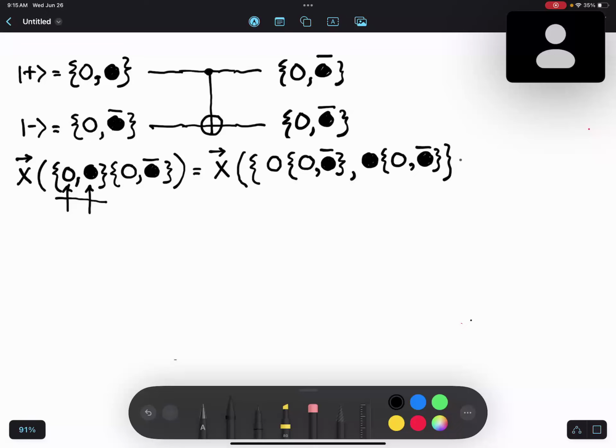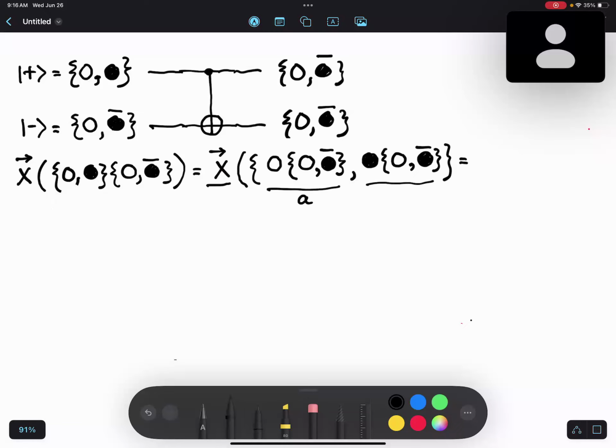So I'm going to come back over here, and I'm going to say, what do you guys think I'm going to do now? One thing I can do is come back here and say, it's time for me to get rid of these. And back to this guy, what happens when X is applied to a superposition of this and this?